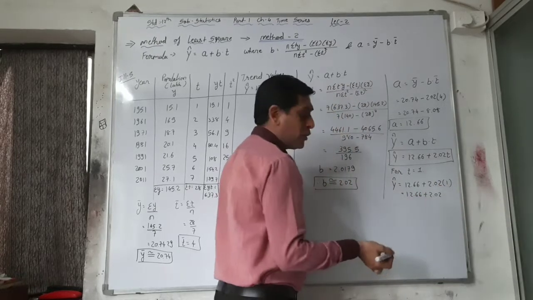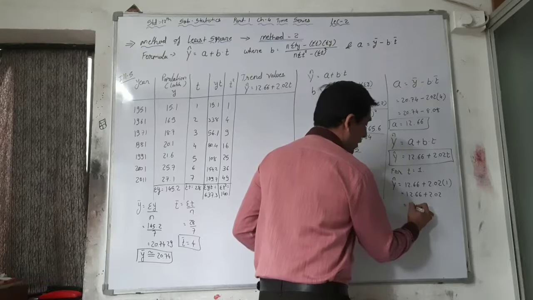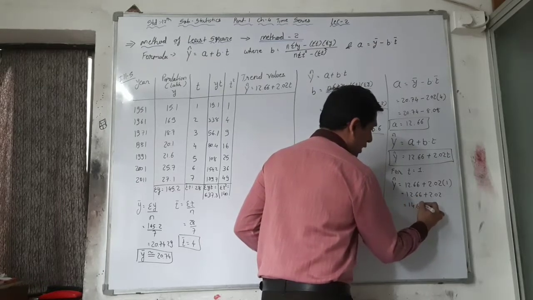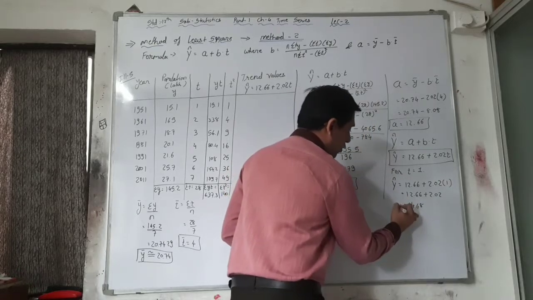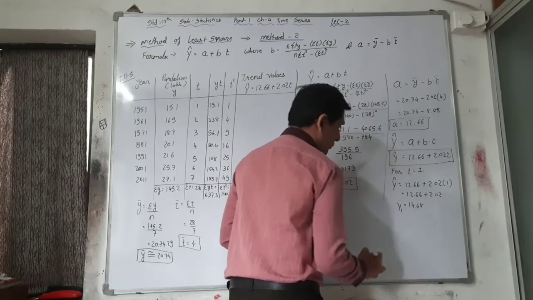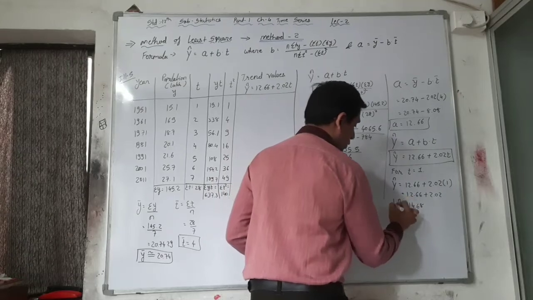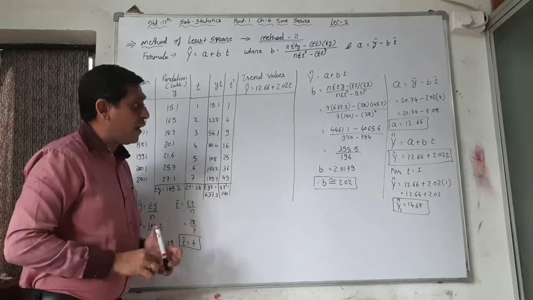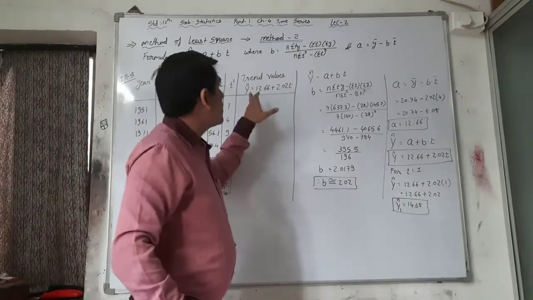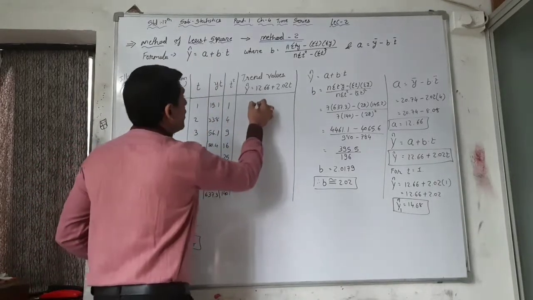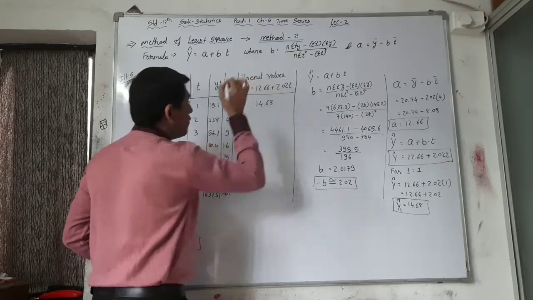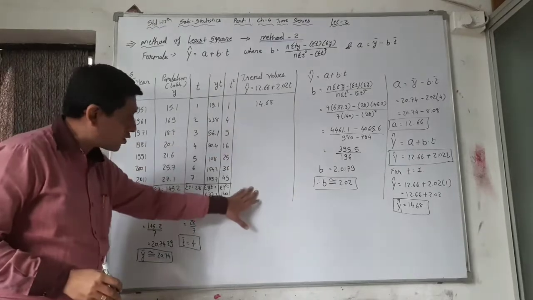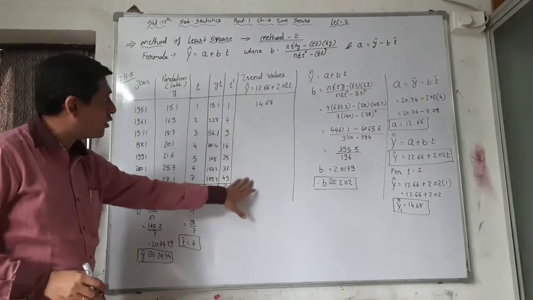That's why the final answer is 14.68 for Y1. For the first year, the trend value of this equation is 14.68. We have to write it here.